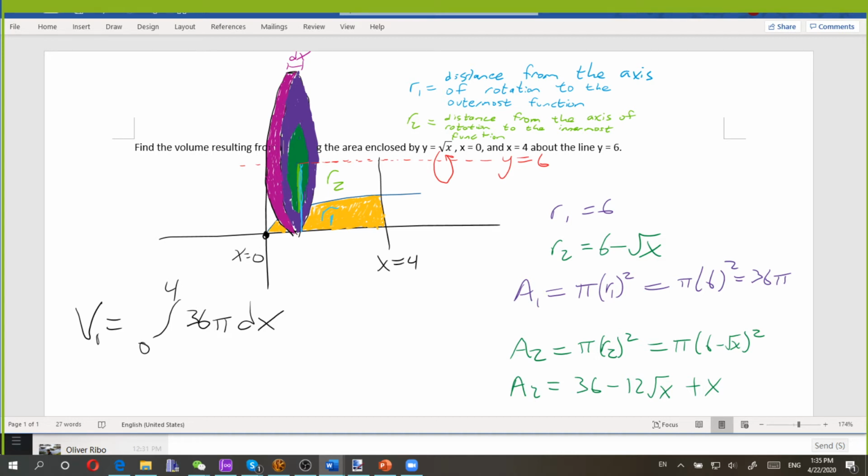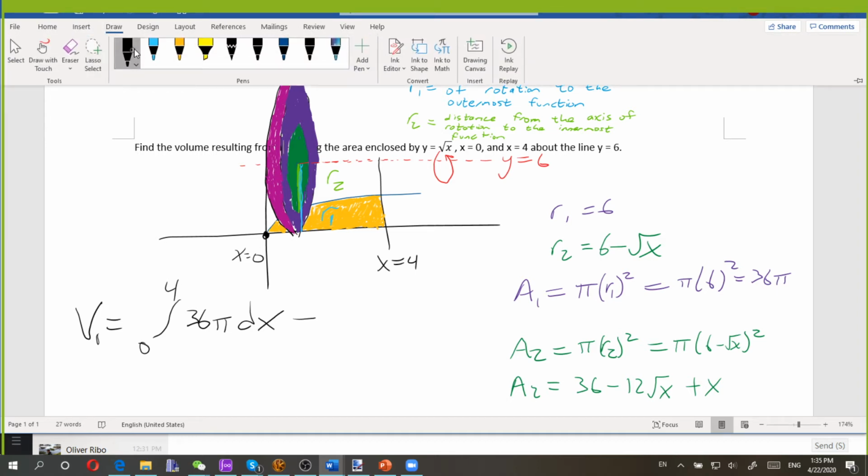Then I want to be able to subtract the volume of my second disk, which would be, oops, I lost my pi in this actually.